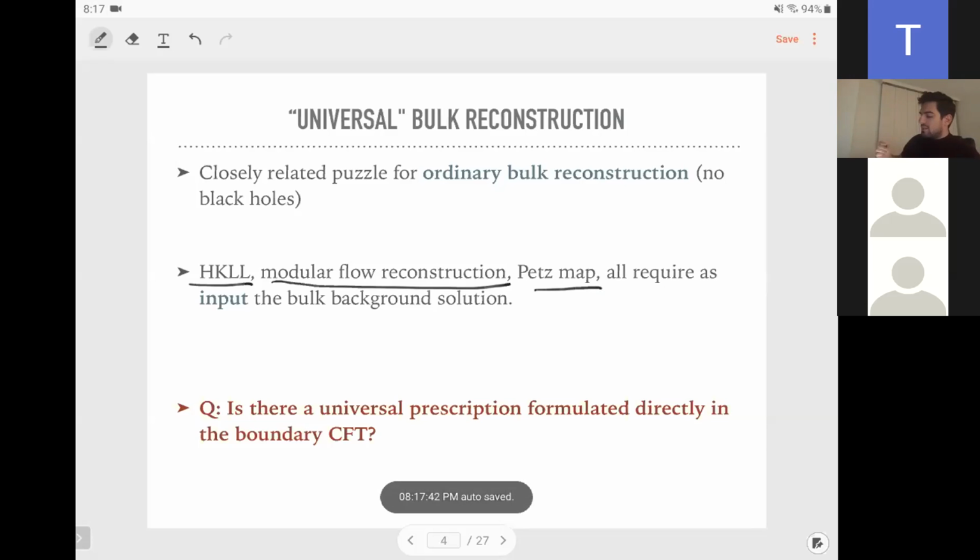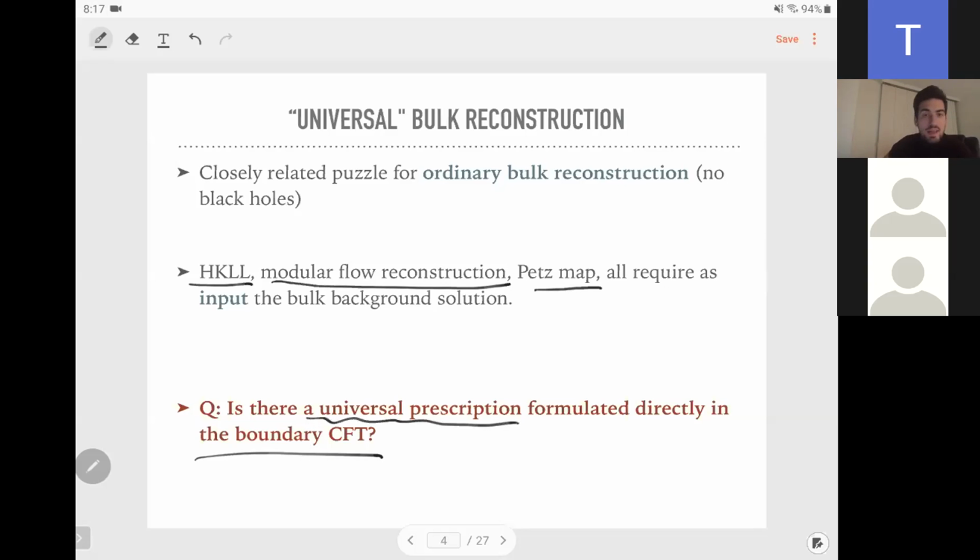So one would like to ask, is there a way of extracting information about the bulk and about the experience of an observer propagating and exploring this bulk directly in the CFT, in some kind of universal way, without making reference to an explicit solution in the bulk? This is another way of motivating the search for a first principles, CFT-principled approach for constructing this proper time evolution along an observer's trajectory.